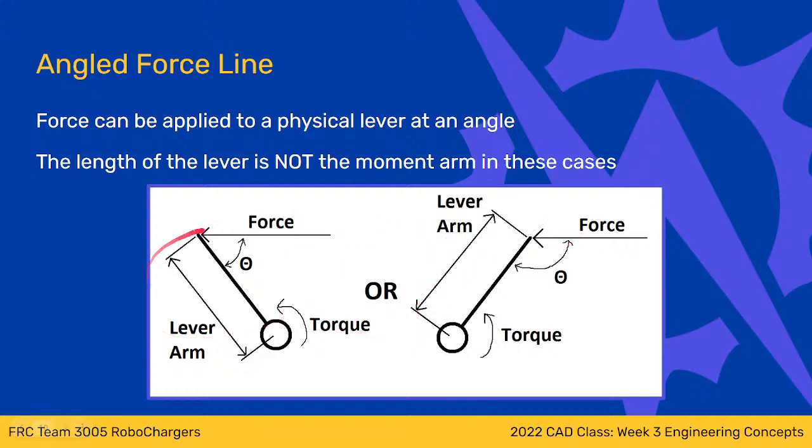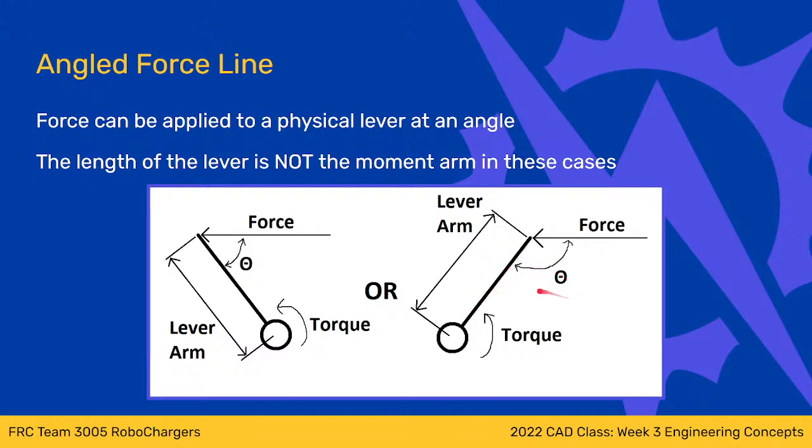So it's easier to think about it like the diagram that I have here, where you've got maybe a physical lever arm, like if you're in a tight space and you've got this wrench, right, and you're pushing on it at kind of a weird angle, or maybe a more realistic one is a lever on our intake mechanism.